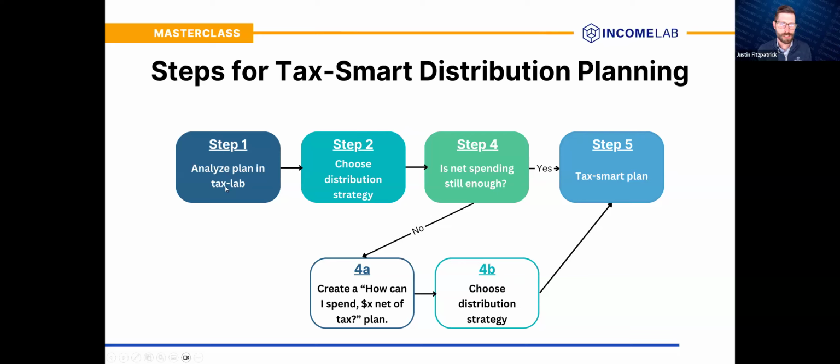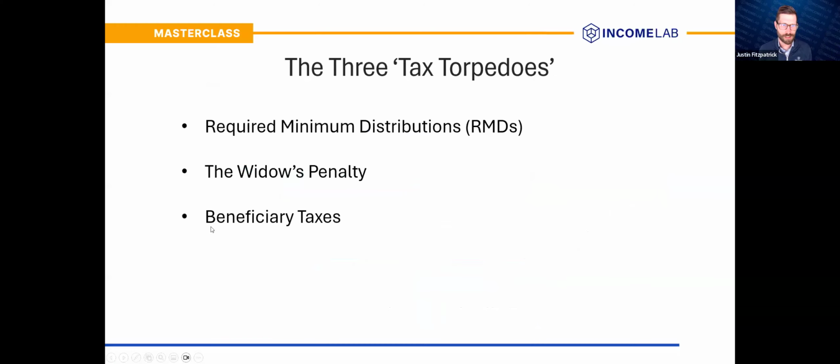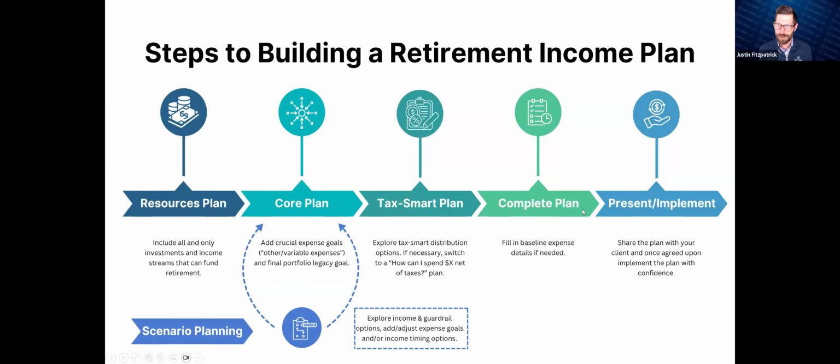The first step is you're starting at the core plan, right? So you've done this A/B testing, you've considered scenarios, you've added your important expenses, you've gotten all the resources, all of that is already done.